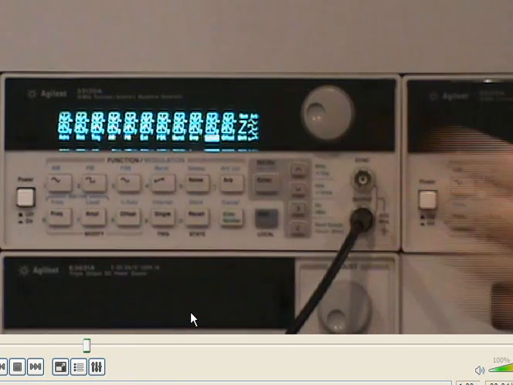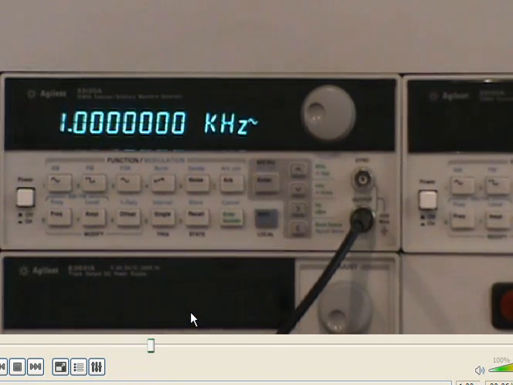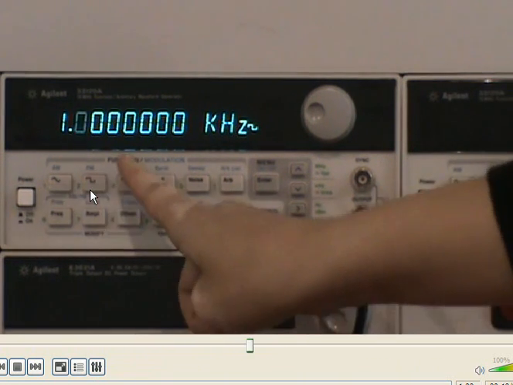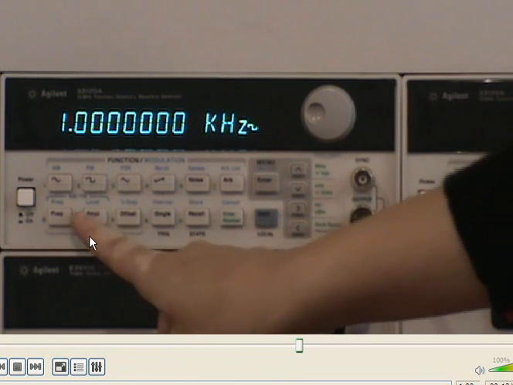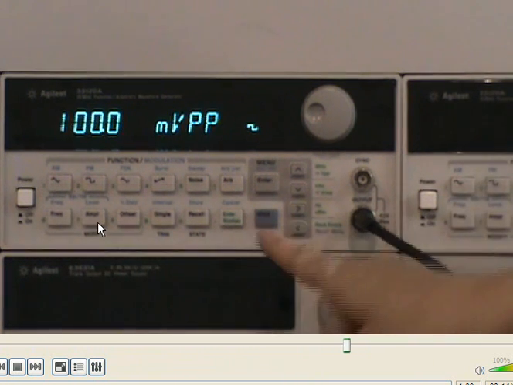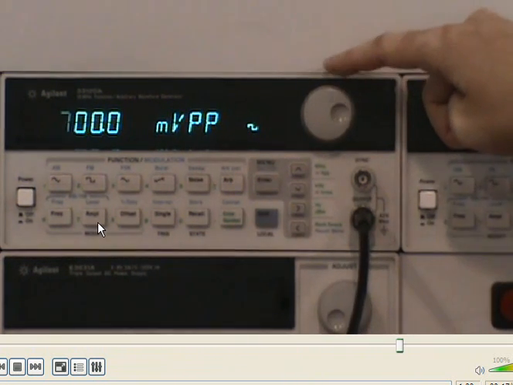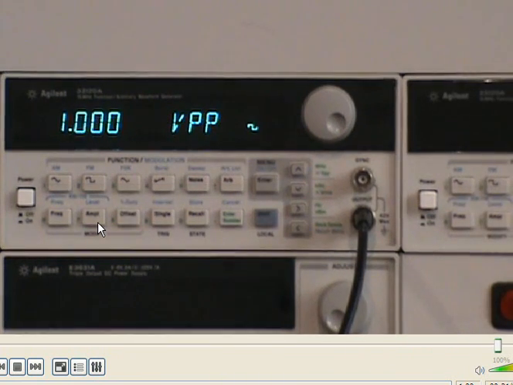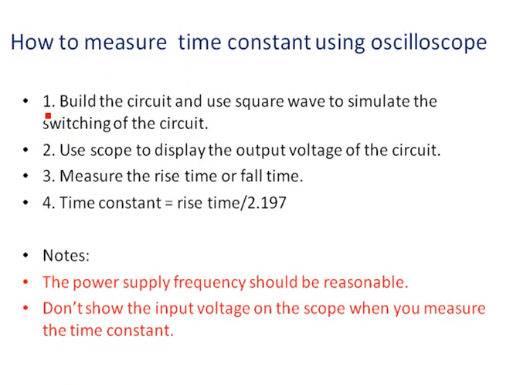We use a function generator to generate the square wave. So first we click on square wave, then frequency is 1 kilohertz. For the amplitude, we don't want it to be too high or too low, so let's use 1 volt peak to peak. So we have built the circuit already and supply the circuit with a square wave.